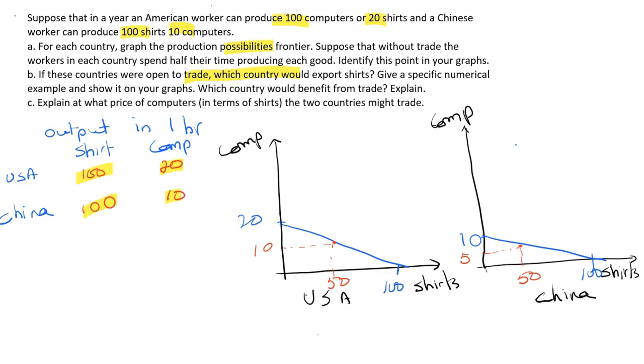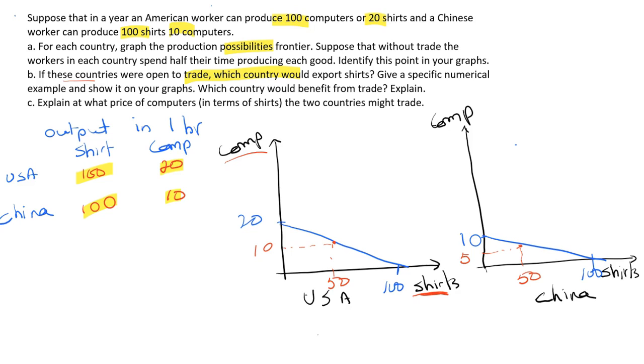Now in part B, to determine which country has a comparative advantage, we can look at the opportunity cost. And again, as we have said before, the opportunity cost is given by the slope of the PPF. Specifically, the slope of the PPF gives us the opportunity cost of whatever good we have on the x-axis, shirts in this case, in terms of the good on the y-axis given up.